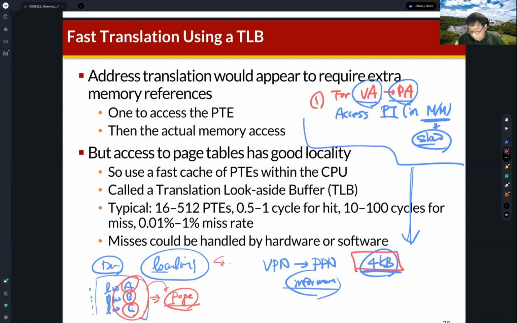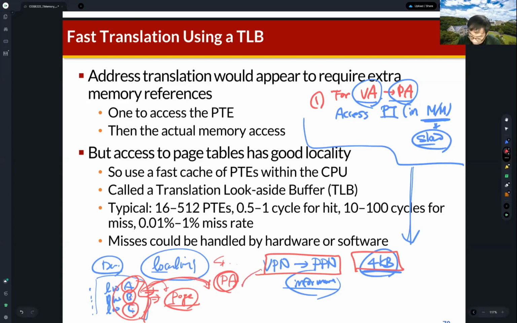So what does that mean? When the addresses A, B, C are translated into the physical address, we can apply the same VPN to PPN mapping information.